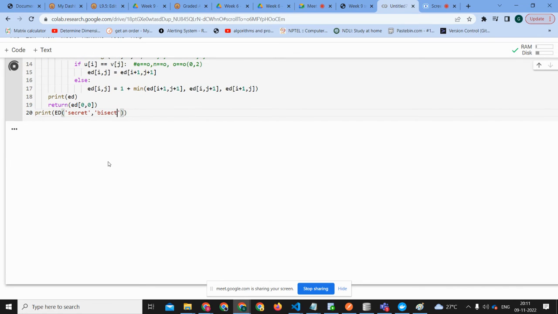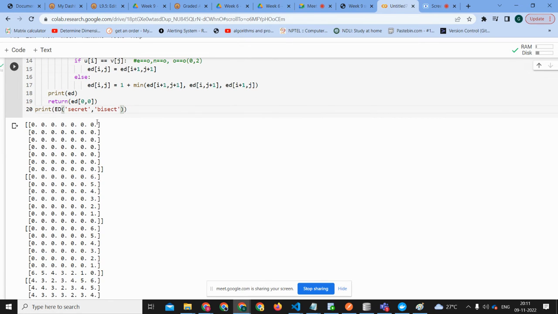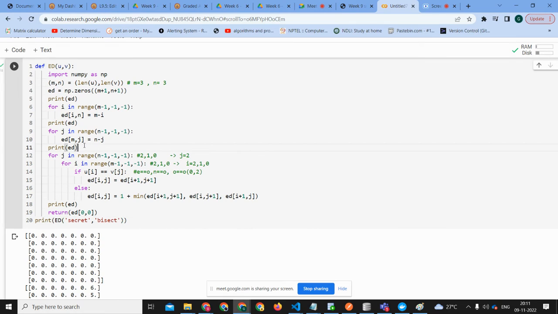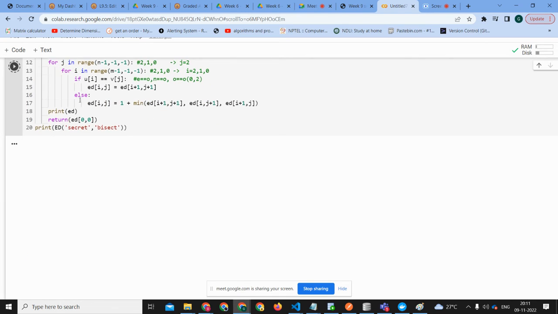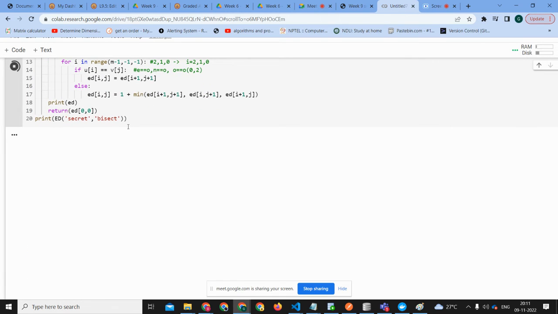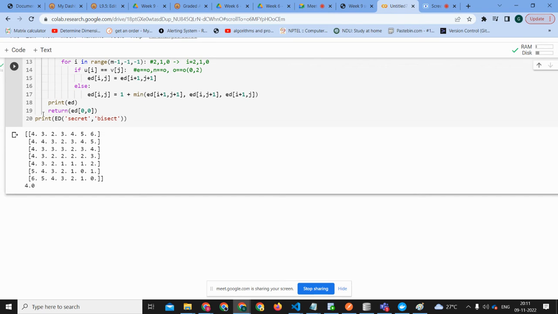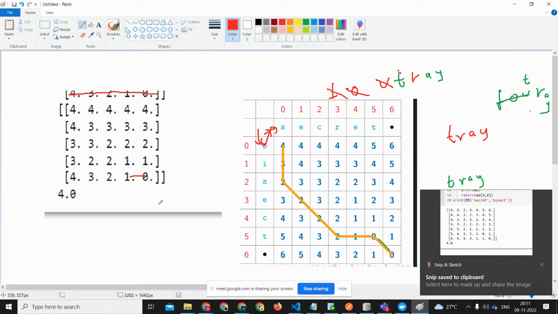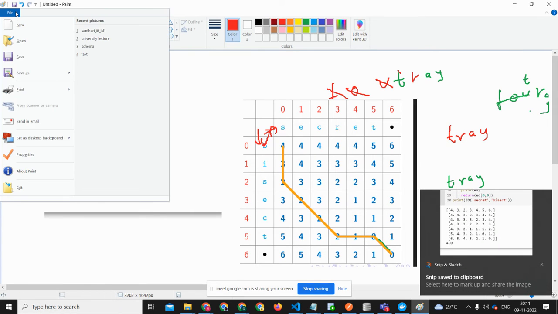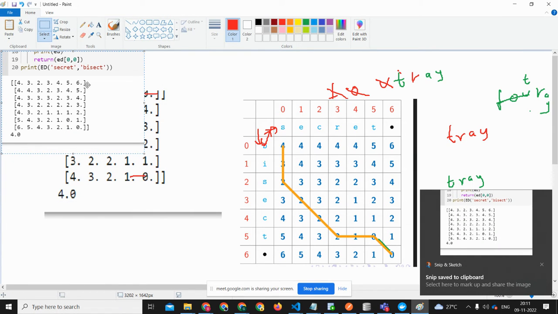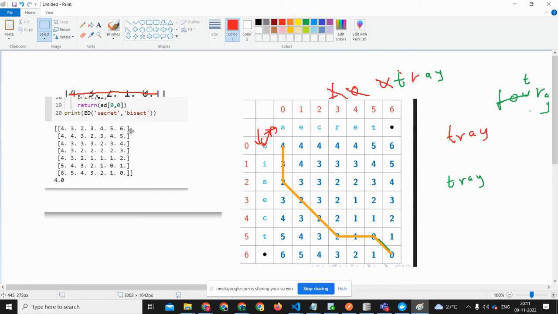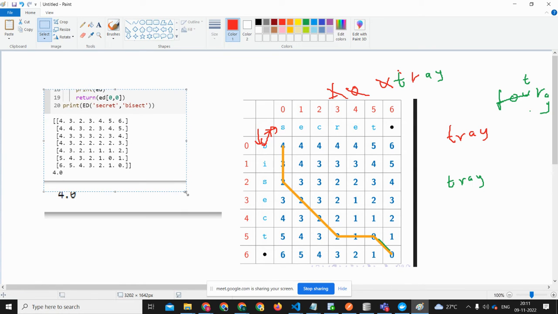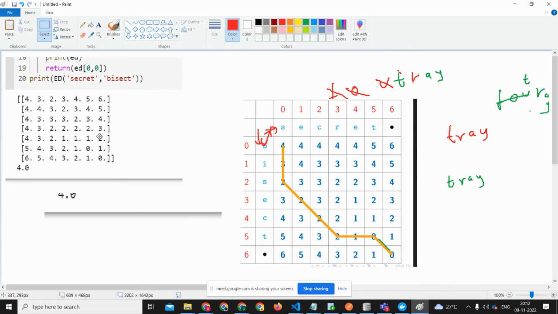All right, so I'm gonna run this for secret and bisect. Let me just remove the remaining things. This is for secret and bisect. You see the twos moved up. Can you make it a bit larger?